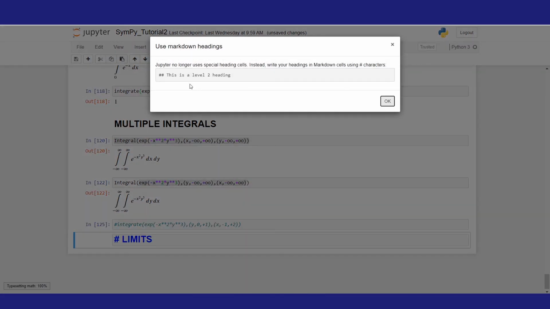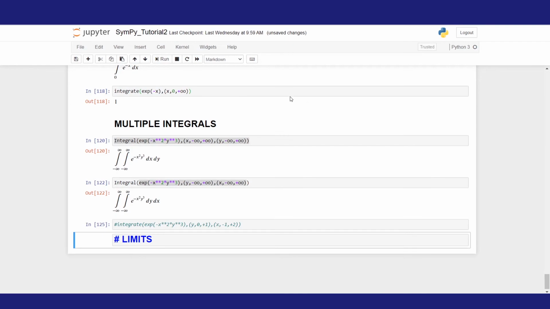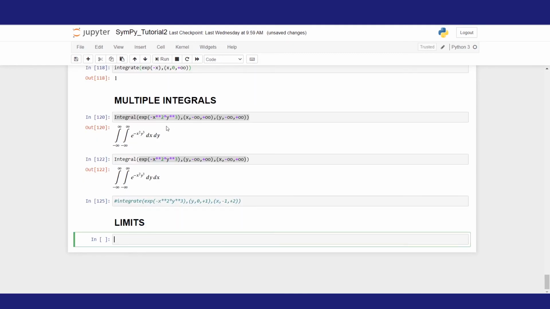So limits can be evaluated in SymPy using the limit function, and we are just going to look at a few expressions.